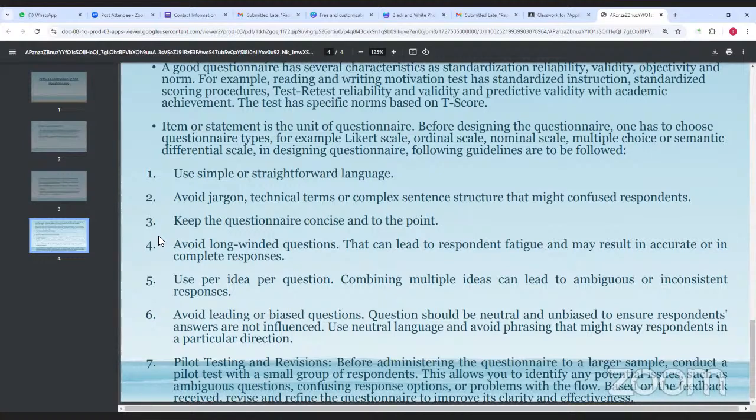So when I studied the correlation between reading and writing motivation with academic achievement, I found the correlation is very high, and it is significant. That means the predictive validity is good. So reliability and validity are important. Another one is the norm. Norm will be based upon the standard score.